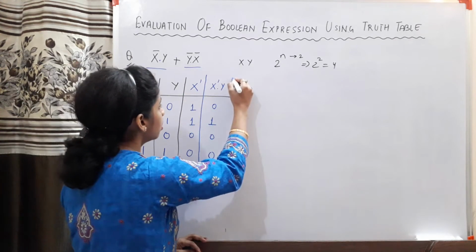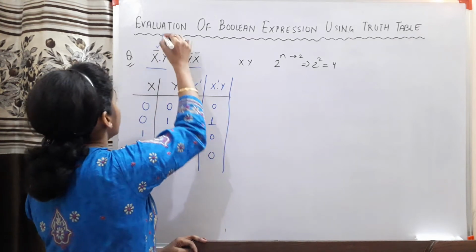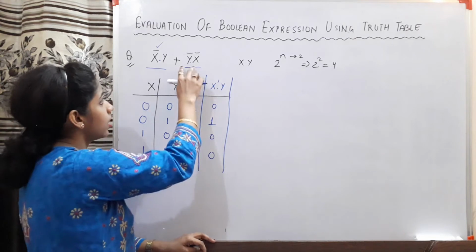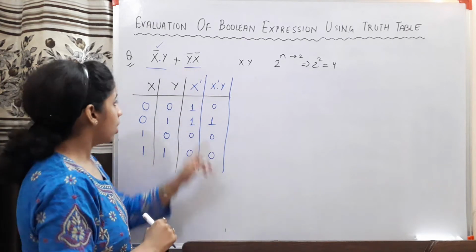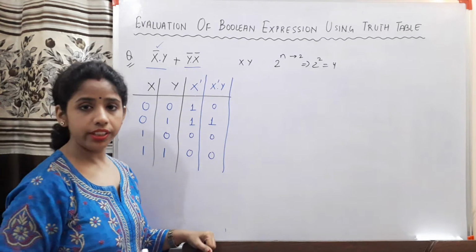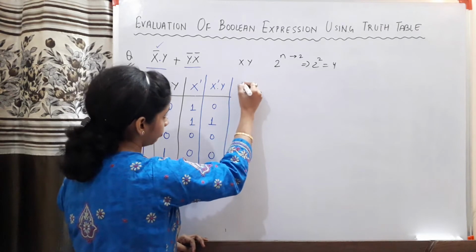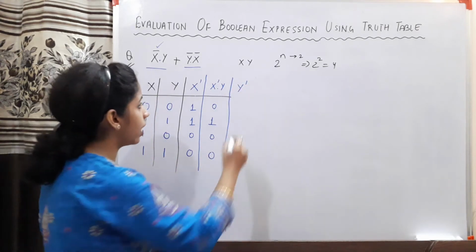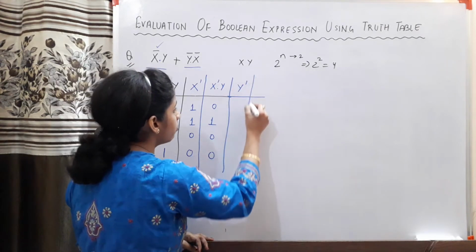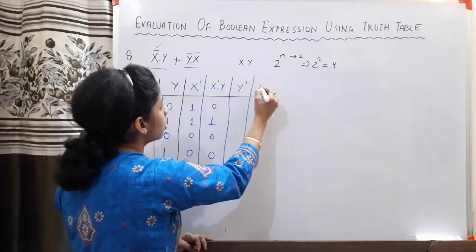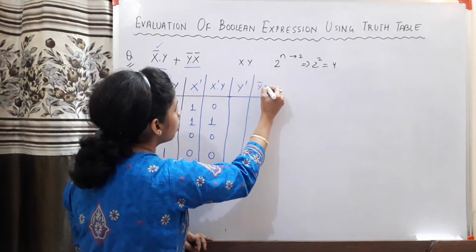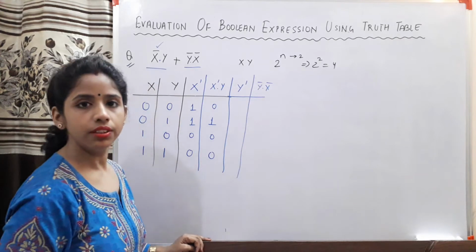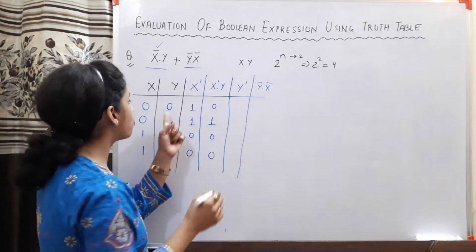After this, this term we have calculated. Now we have to calculate x bar dot y bar. X bar I have already calculated. I need to calculate y bar, so that after calculating y bar, I can go for y bar dot x bar. So y bar will be the opposite of y.